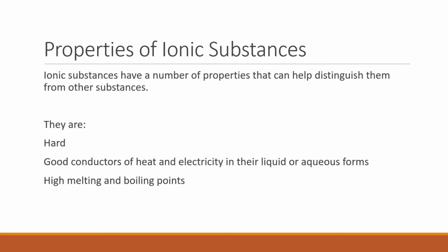When we talk about ionic substances, something like table salt, the properties of salt are very different from the properties of the individual pieces that make up the salt. Sodium is an explosive metal. Chlorine is a poisonous gas. But together they make something that you stick on food to make it flavorful.